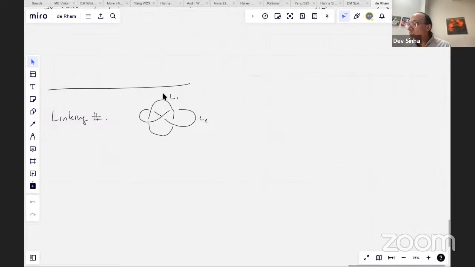And what I'm going to do is assume that L1 is parameterized by 3 functions. The x coordinate is going to be a of the variable s. So s is going to be some variable on a single circle.